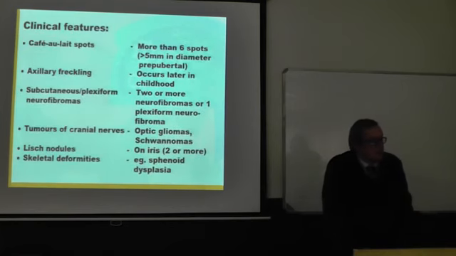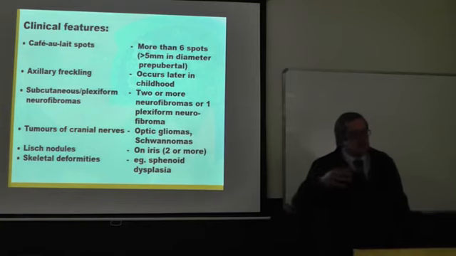So, the clinical features of neurofibromatosis: the cafe au lait spots, coffee and milk, more than 6 spots, more than 5 millimeters. It's important to realize that they become more as the child grows. So if you see a few, you should follow the child carefully and see if they become more.